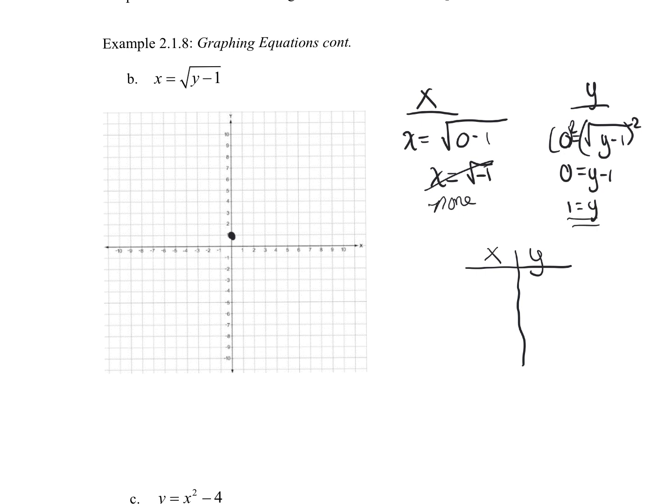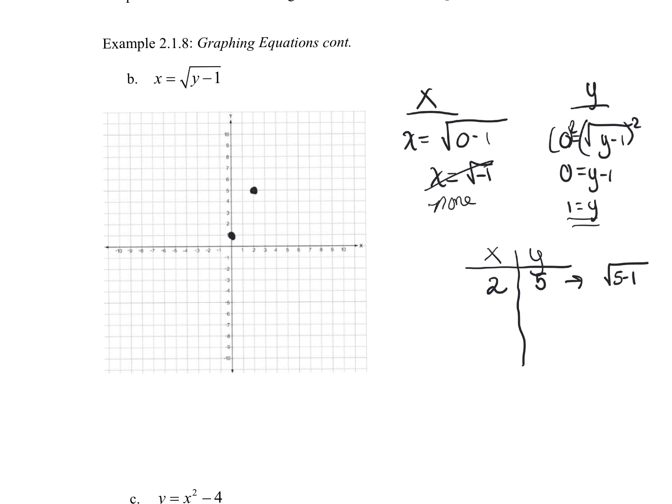So something else I can take the square root of is 4, which means I need the y to be a 5. Because 5 minus 1 will make 4. Square root of 4 is 2. And it's only the positive root because the root was already on the paper. There's no plus and minus in front of it, so it is just the positive or the principal root. So at y equals 5, I'm at 2.